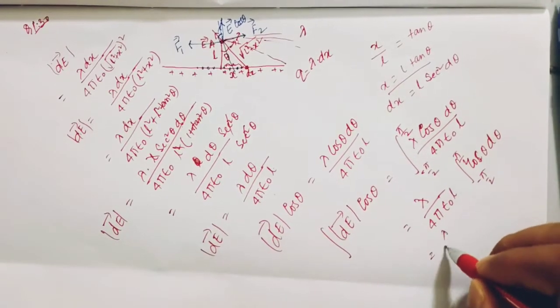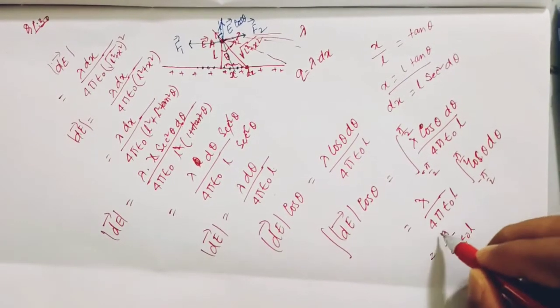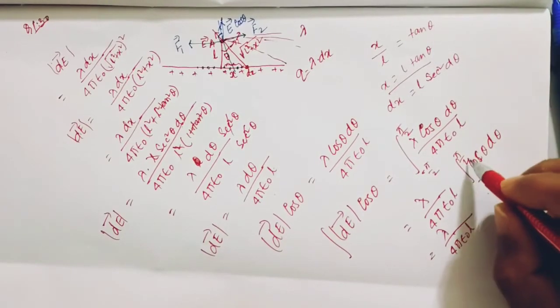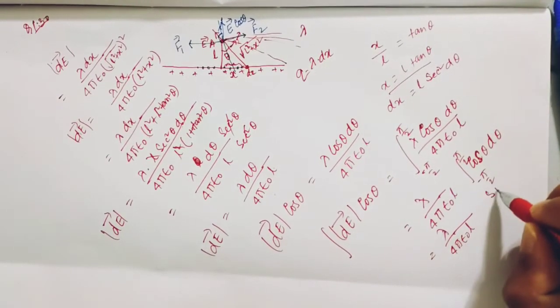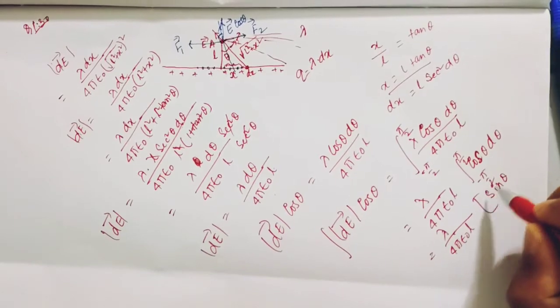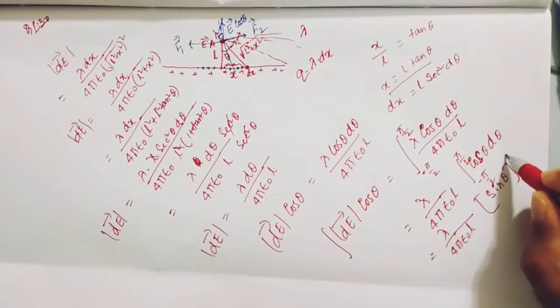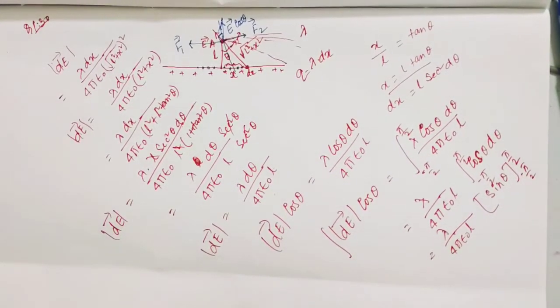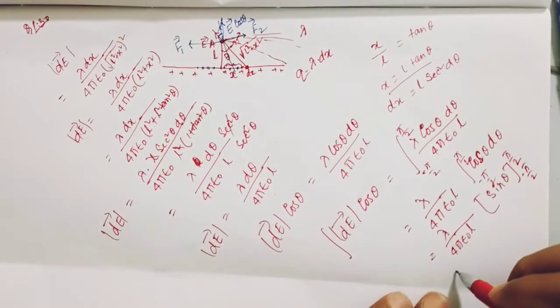The integration of cos theta, you know, is sin theta, and the range will be minus pi by 2 up to plus pi by 2.